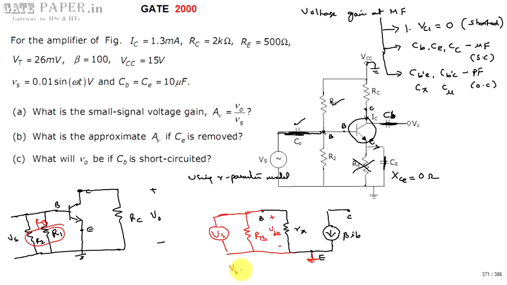Vs is equal to VBE, because both are at the same nodes, so they are in parallel. The collector is connected with RC, and the voltage across this one is V0. This is the small signal equivalent.